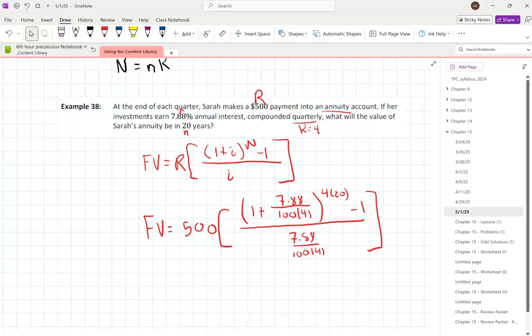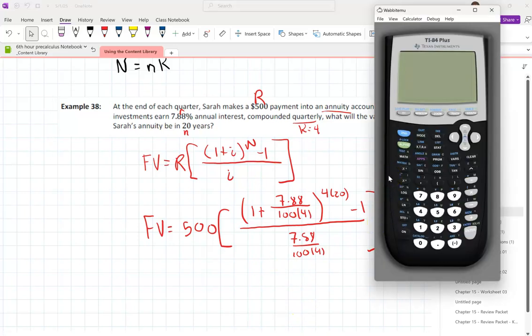Now, getting this into my calculator can be kind of tricky. We got like a bunch of fractions inside of fractions and stuff. So I'm going to do this in 2 phases. I'm going to do the calculation for little i separately, and then I'm going to use that answer to do the calculation for future value second. So 7.88 over 100 times 4. So there's my value for little i.